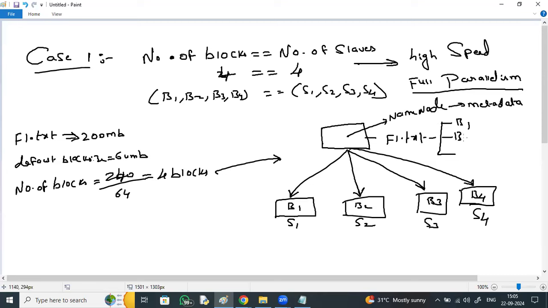B1, B2, B3, B4, 4 blocks. B1 is stored in S1, B2 in S2, B3 in S3, B4 in S4. All this information should be available within the name node present in the master node.